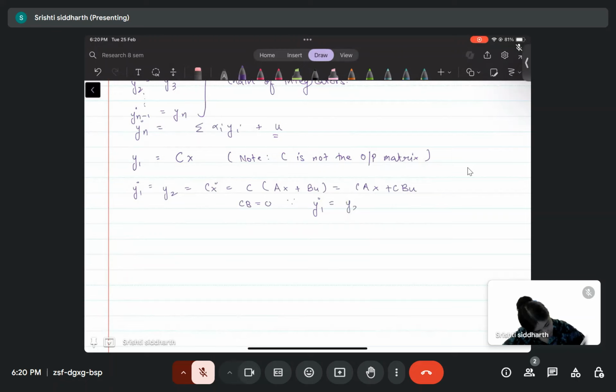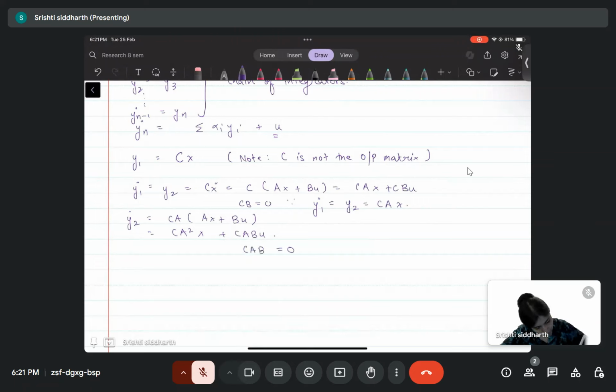Now if you find out what y2 dot is, then this is simply CA times x dot, which is Ax plus Bu. This is CA squared x plus CABu. And now we want CAB to be 0.